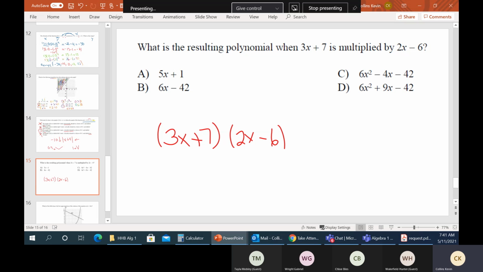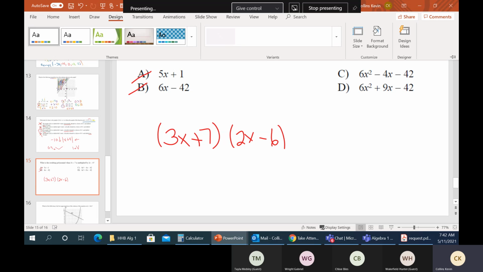Now, here's the thing. You don't need to multiply this whole thing out to figure out where we're going, right? So we're thinking, okay, we're not going to get 2 terms, we're going to get 3 terms, because we are going to get an x squared, right? By multiplying the first terms together. So we can cross these guys off. Cool. So now all you really need to look at is what I call the inside guys and the outside guys, right?